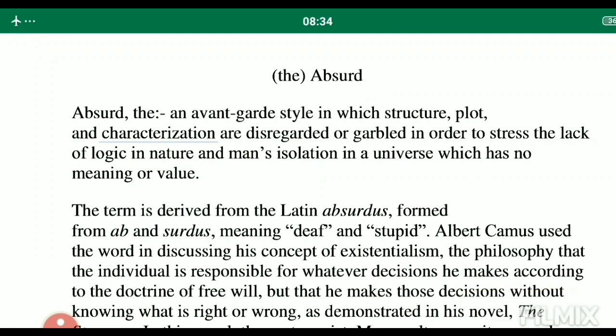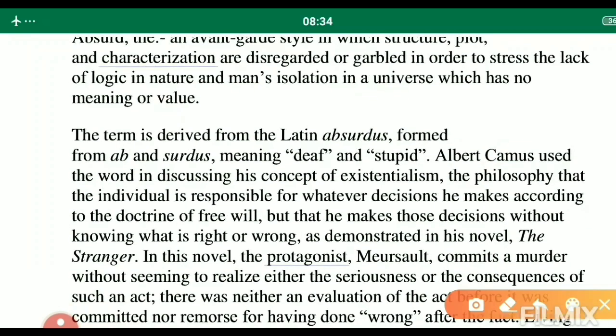All right then. Next, we are moving ahead towards the detailed description of this particular term, the absurdity. The term is derived from Latin absurdus. So this term, absurd, is basically derived from the Latin word absurdus, which is formed from ab and surdus, which means deaf and stupid.